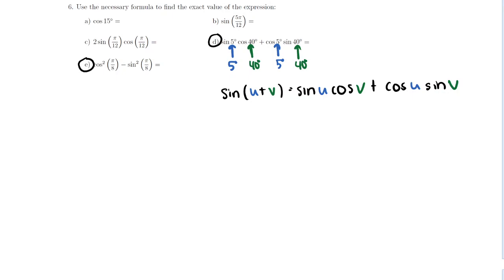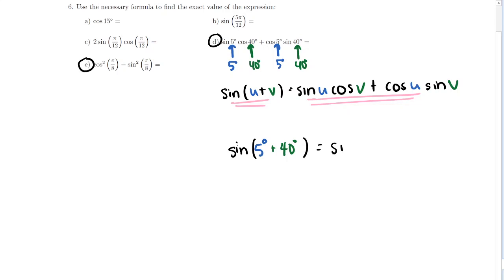And so we can sort of reverse this and recognize that it looks a lot like this right-hand side. And this equality goes both ways, so we can rewrite the left-hand side as sine of 5 degrees plus 40 degrees. Well, this is the same as sine of 45 degrees, and we know what this is, right?